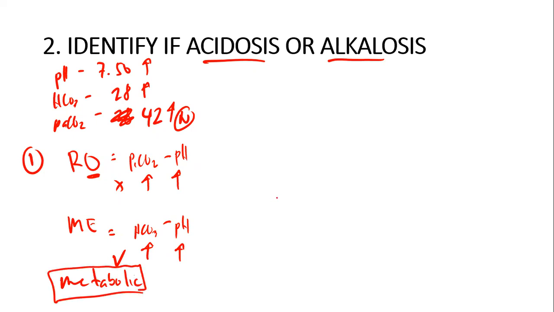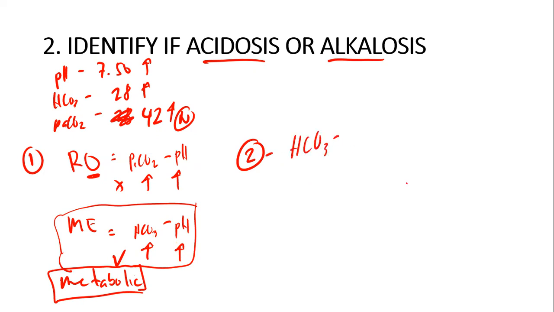Now, in the second step, you focus on the metabolic result because it is where the problem is. So you take a look at the bicarb result. So bicarb is 28 and it is increased. Now, by nature, we have to understand the nature of your blood or your solutes. So by nature, bicarb is, as you know, alkaline.